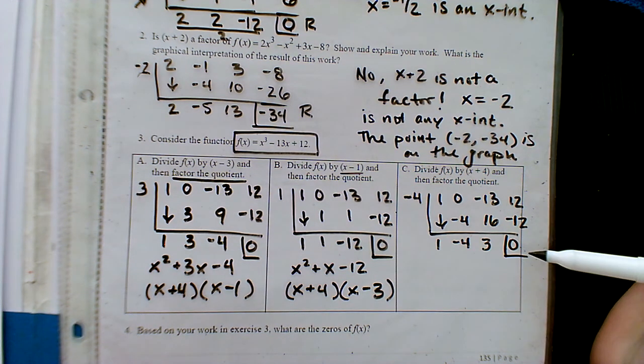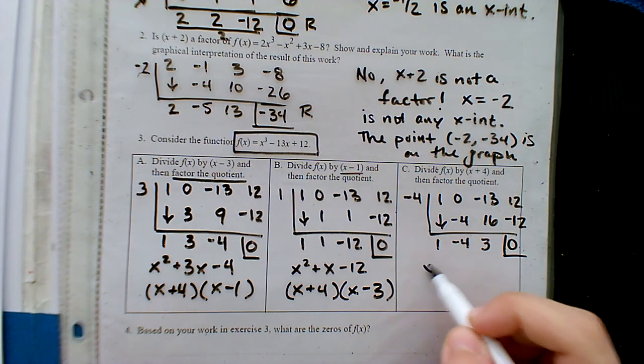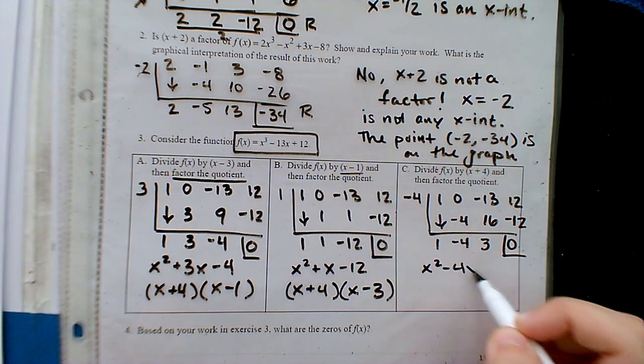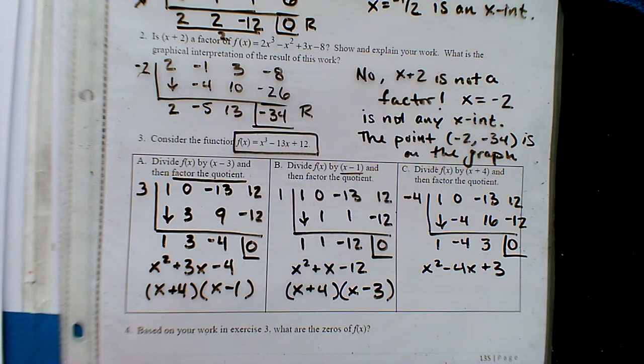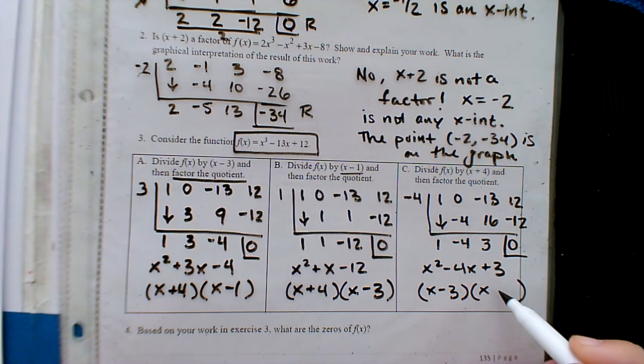We have a remainder of 0, so it looks like x plus 4 is a factor. Let's see if we can take the quotient a little further. Two numbers that multiply to 3 but add to negative 4. x minus 3, x minus 1.